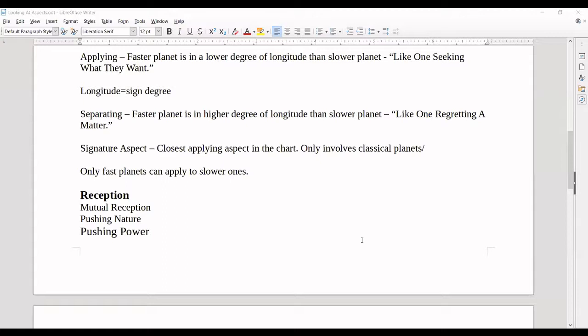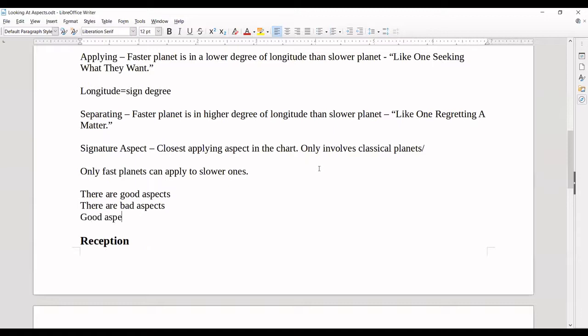Okay, so we're going to talk about reception for a second, because as though it weren't confusing enough, it gets more confusing. You know how y'all are always asking, is that good or bad? And I'm always saying, we don't actually ask that question. What we ask is, how is it manifesting? Well, it's the same thing with aspects. There are good aspects. There are bad aspects.